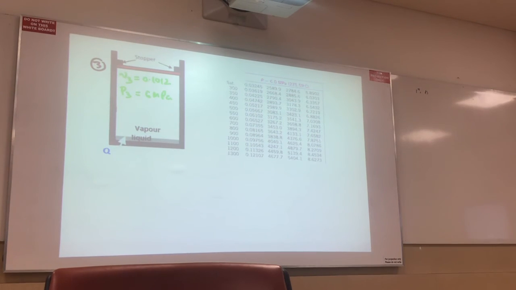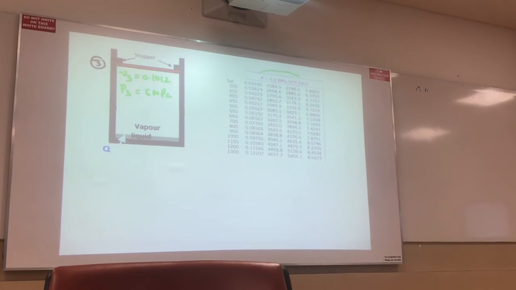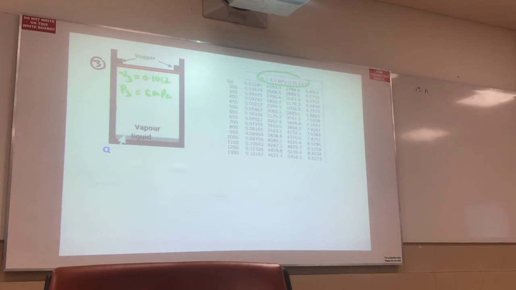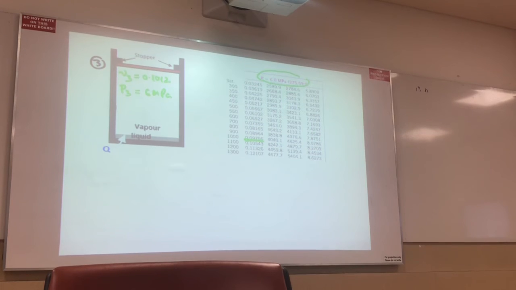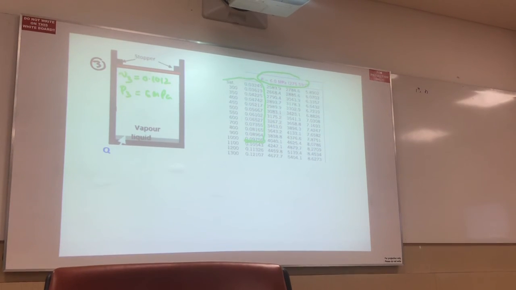So here it is superheated vapor. And Vg is here, this value is this one.